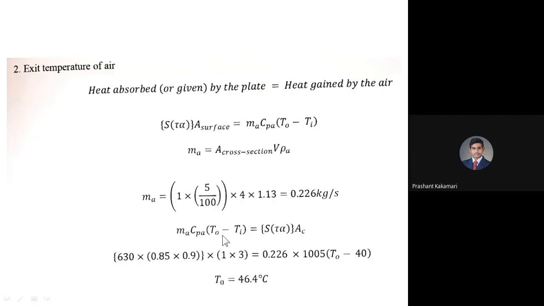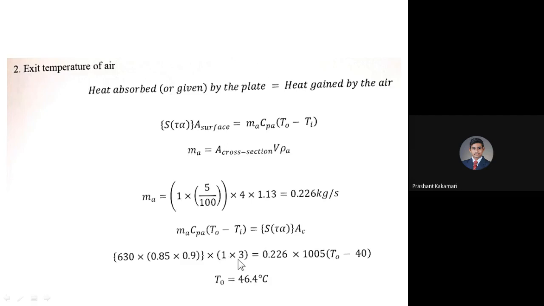T naught is unknown. Ti is given in the problem, 40 degrees centigrade. S is the solar incident radiation on the collector, after losses, after the tau alpha product, how much is received in this bracket, into the area of the collector.